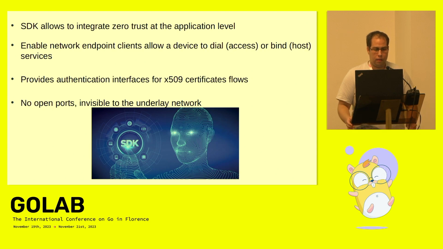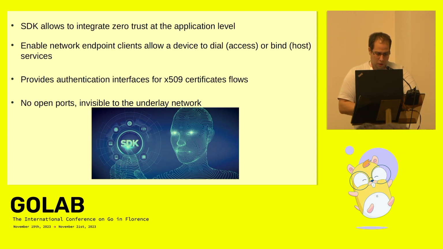It provides authentication interfaces for X509 certificate flows, basically strong identity. What is very important, we have no open ports, completely invisible to the underlay network. What it means is that it's an overlay network: on top of your network, you put another network, and then you send packets through each other.